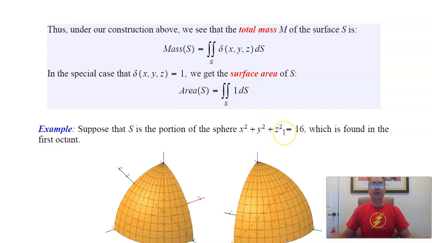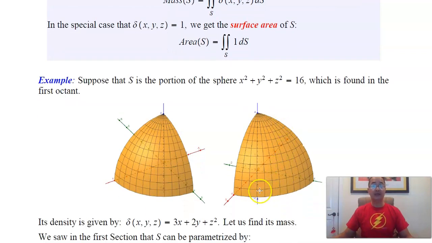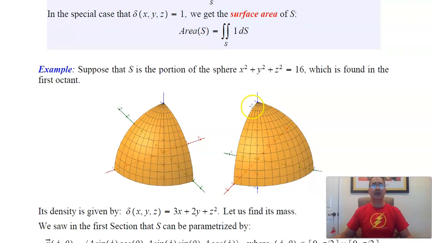Okay, so I'm going to do an example with you from scratch in a little bit, but I want to show you what happens when you're dealing with a sphere, because many of our problems will involve spheres because they're easy to parametrize using, of course, spherical coordinates. So our domain in this example is the portion of the sphere which is in the first octant.